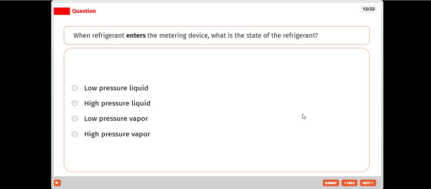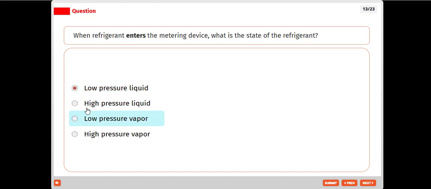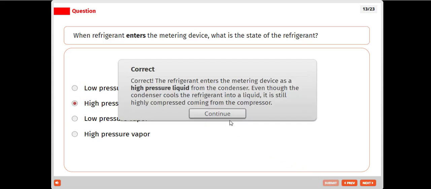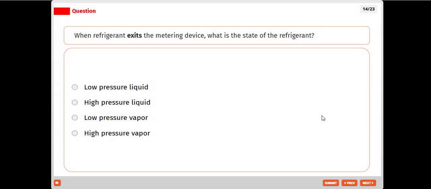After the condenser, it will become high pressure liquid. When refrigerant exits the metering device, what is the state? It will be low pressure liquid. Changing pressure plays an important part in the refrigeration cycle, as was discussed in the videos.